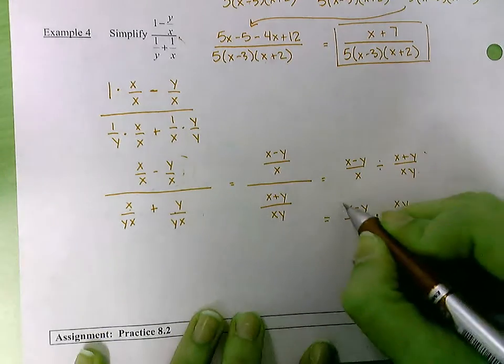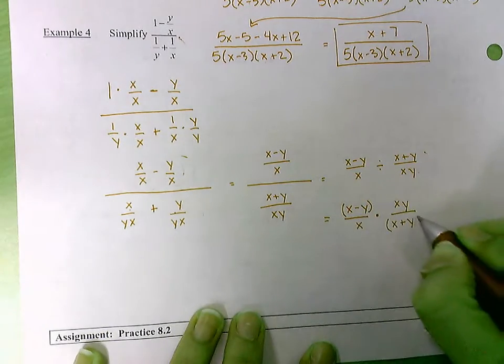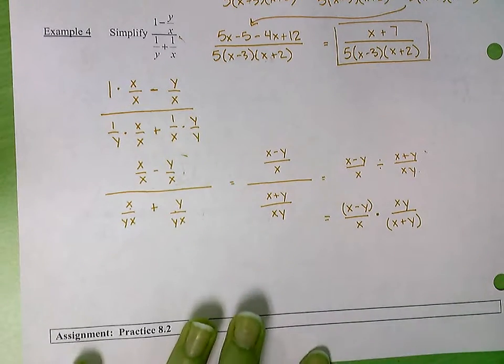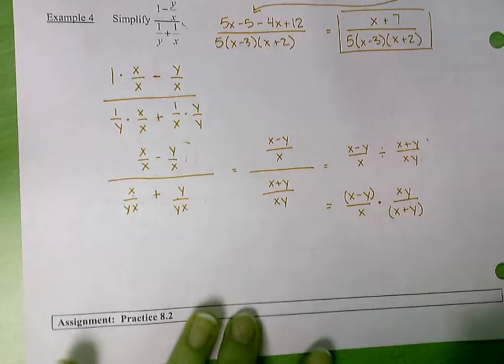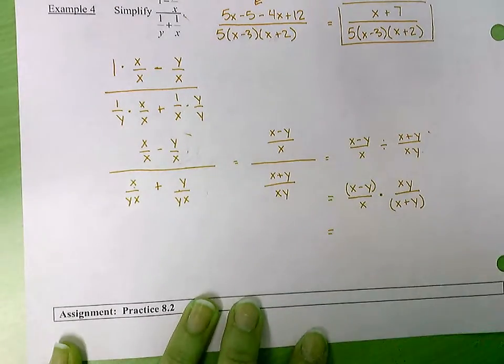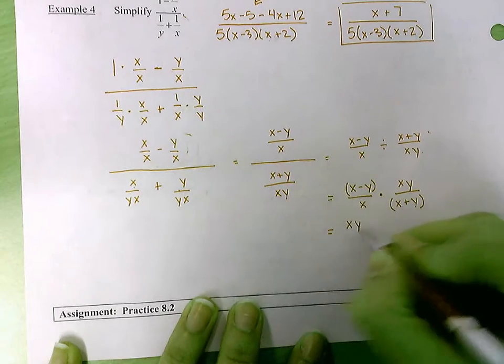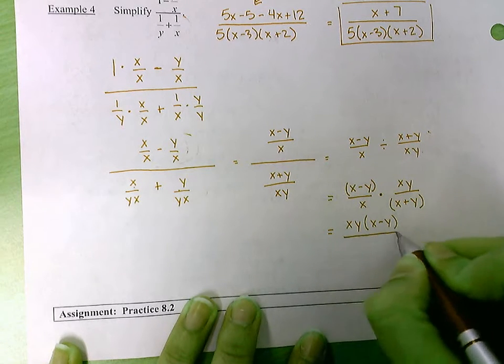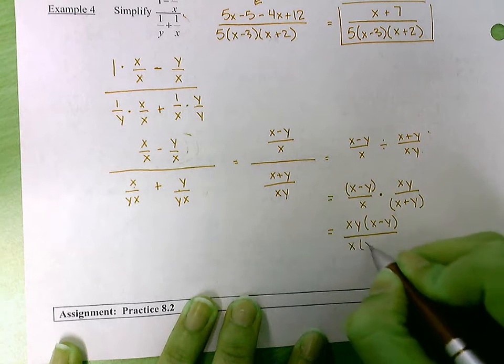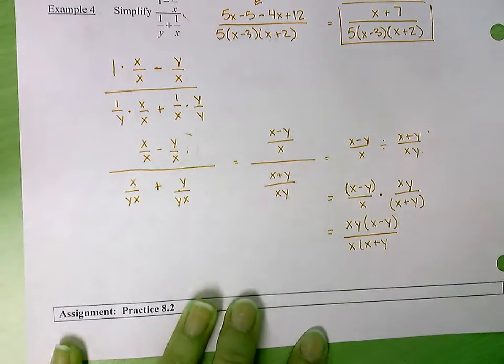If you want, you can put parentheses around these ones, since we're multiplying. So I'll end up with x times y times x minus y over x times x plus y.